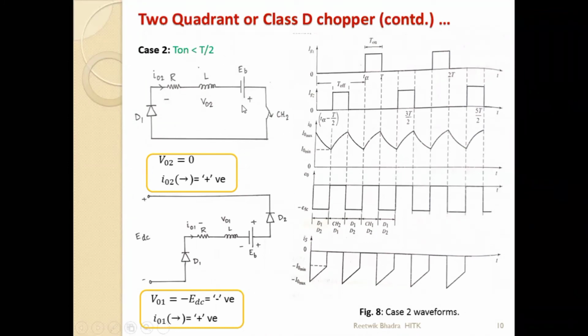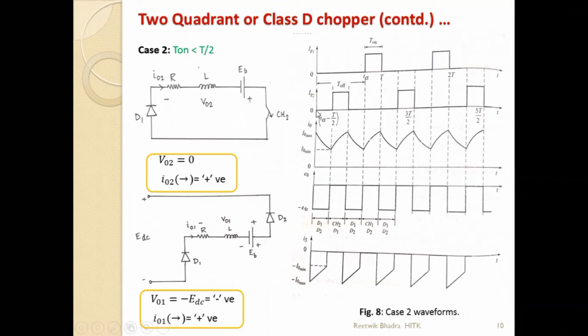Now it has to discharge. Inductor has to discharge, keeping the current in the same direction. Now, if you go to this figure over here, now CH2 is off during this small period we are studying.